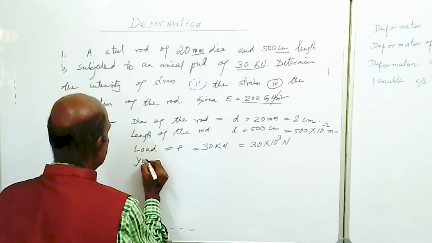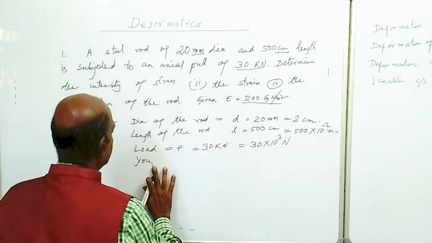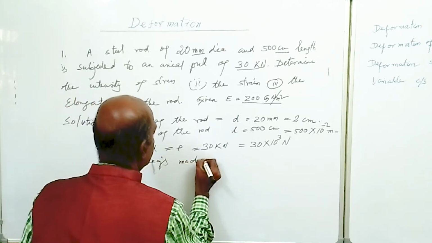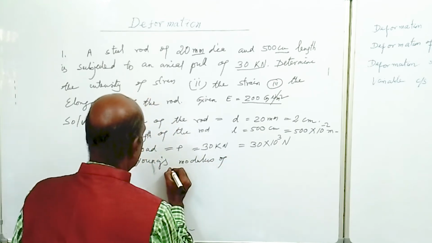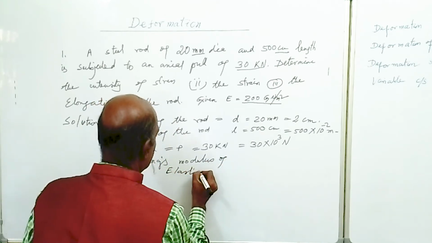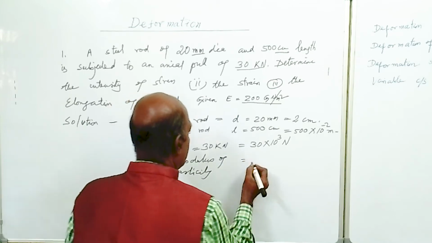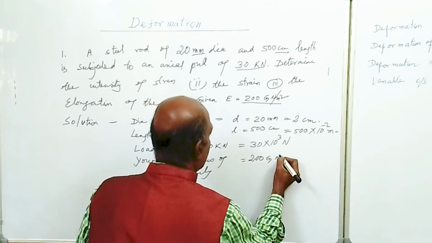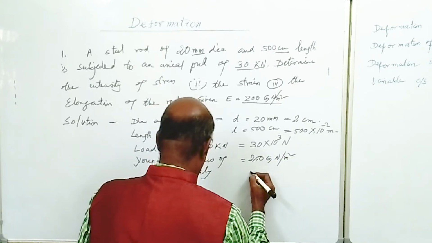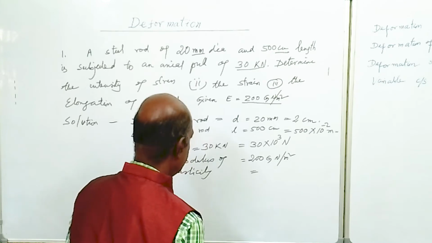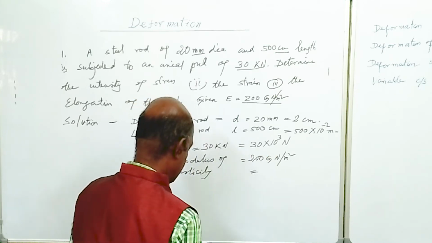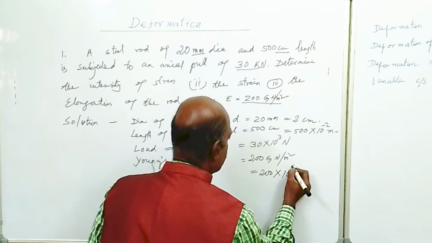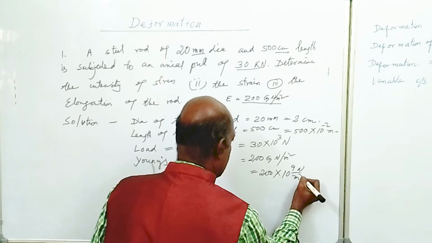Now Young's modulus of elasticity E is given as 200 giganewton per meter square, which is equal to 200 into 10 to the power 9 Newton per meter square.